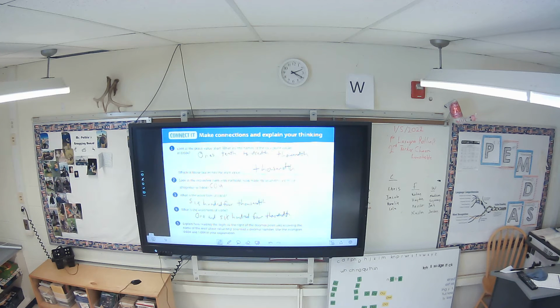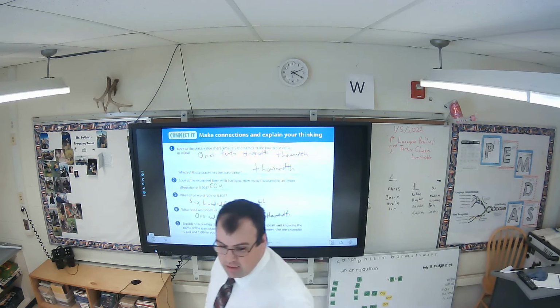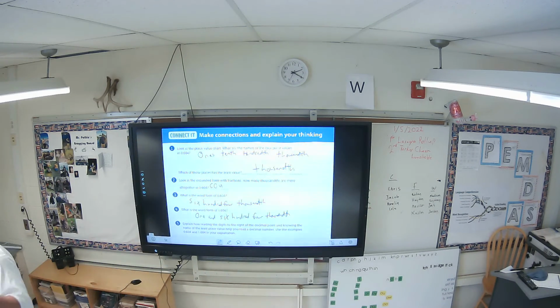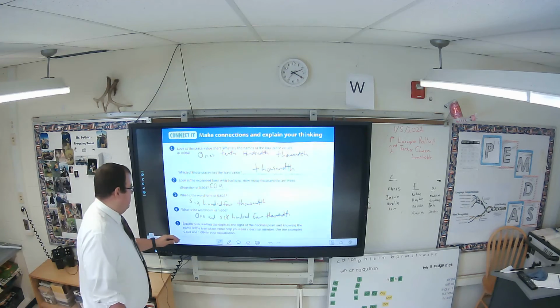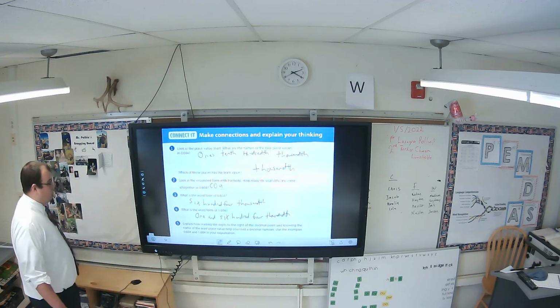Think about how many thousandths there are. 604. So knowing that value, that's 604 thousandths, helps us say it, right? And then knowing that the last digit is in the thousandths place. So you can skip number 5. We're not going to go too deep into that.